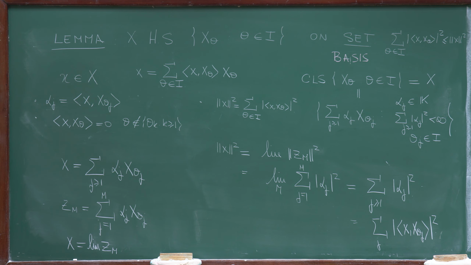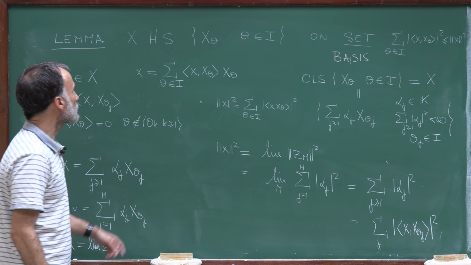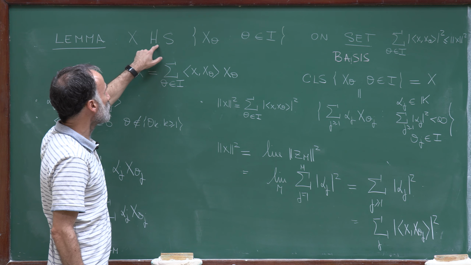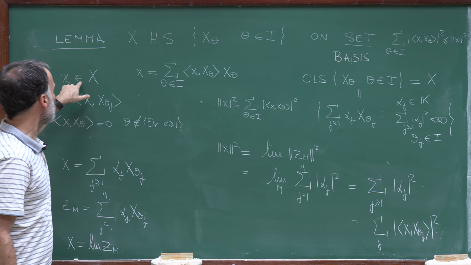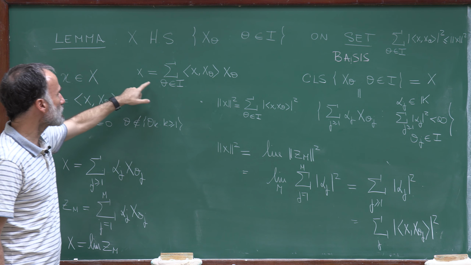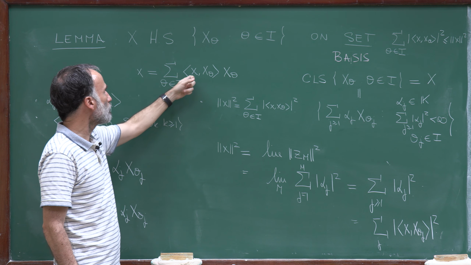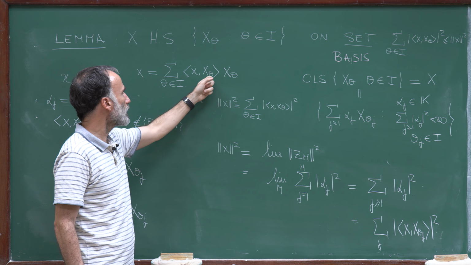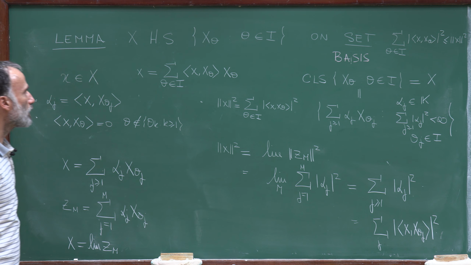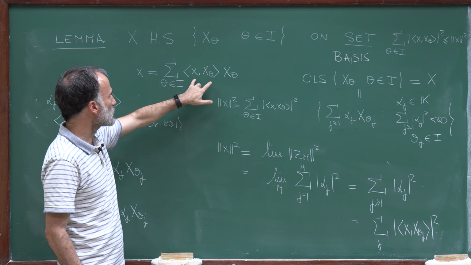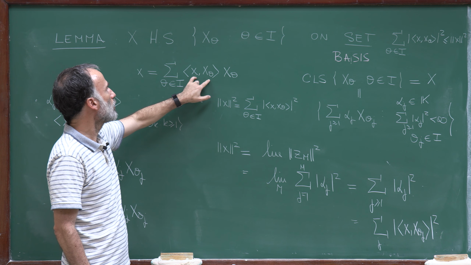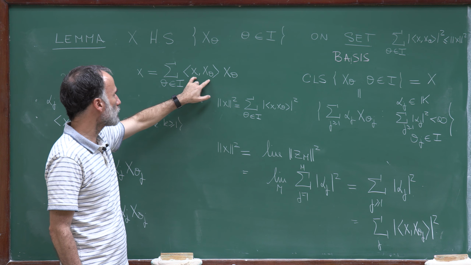So let me just rephrase everything. If X is a Hilbert space and we have a basis x theta, then any element x can be written as an infinite sum of the scalar product of x with x theta times x theta, because all these scalar products are equal to 0 but at most a countable family.